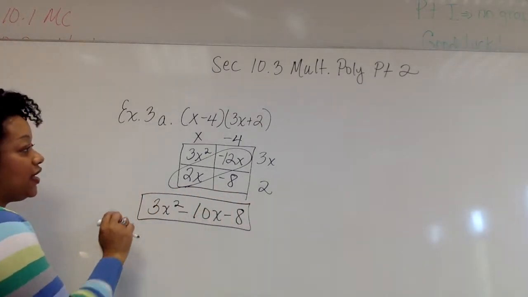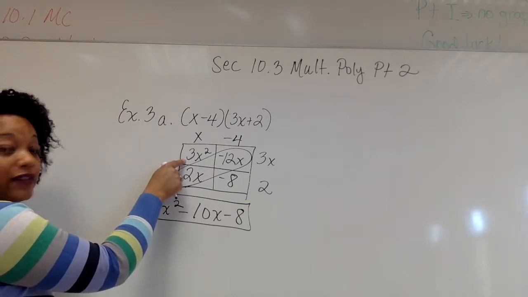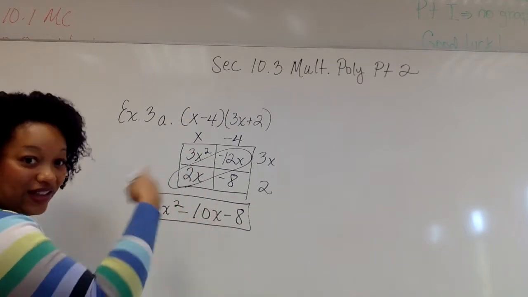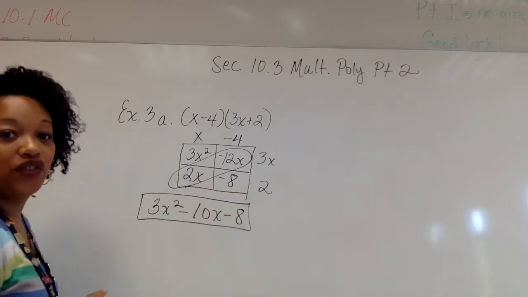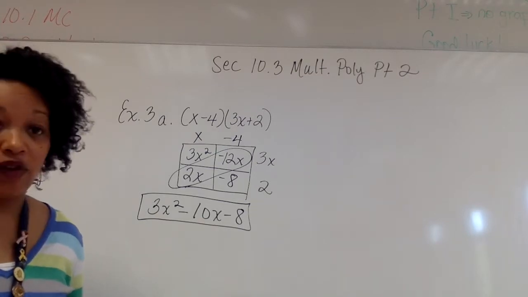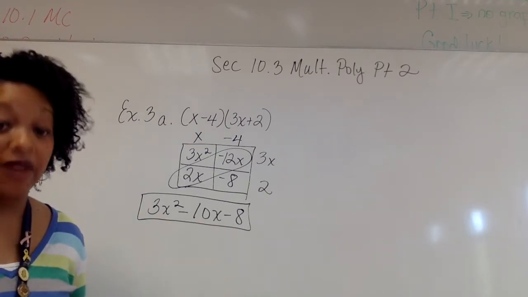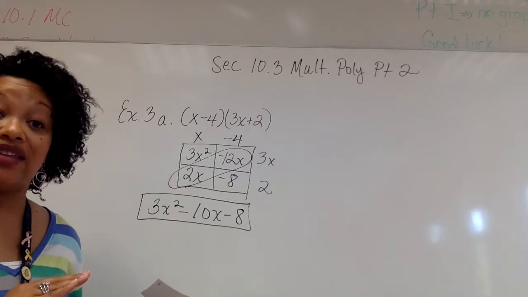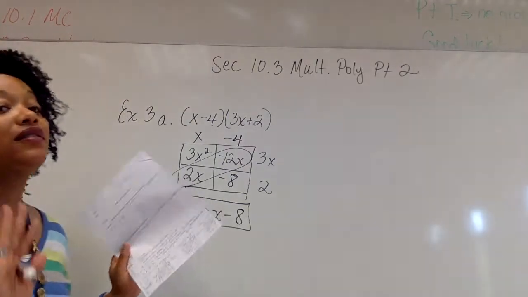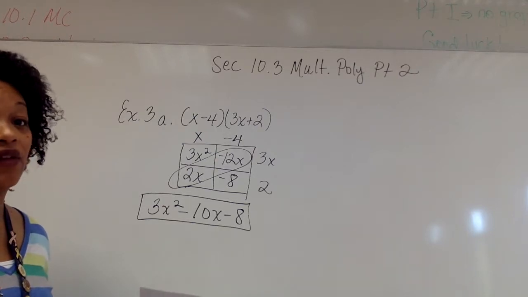So let me go through that again. You bring down the first box. You combine your like terms. And then you write your last box. And that's it. So the only mistakes you can make here are careless ones, but they will hurt you dearly. So take your time. Even though this is easy, and you probably think it's easier than part 1, which is fine, still take your time and make sure you don't make careless mistakes.